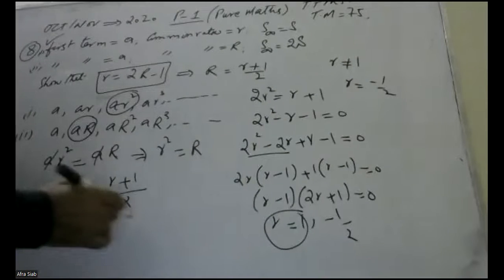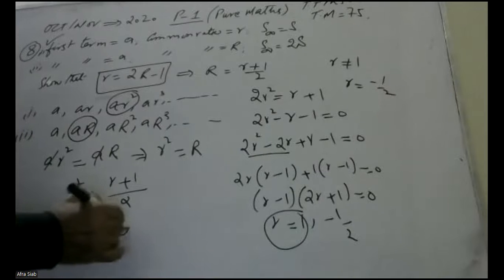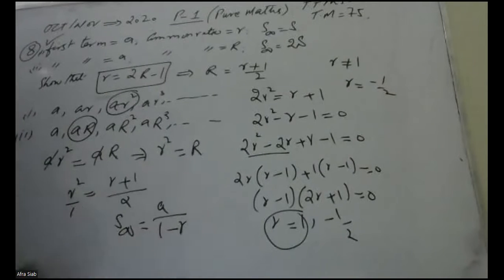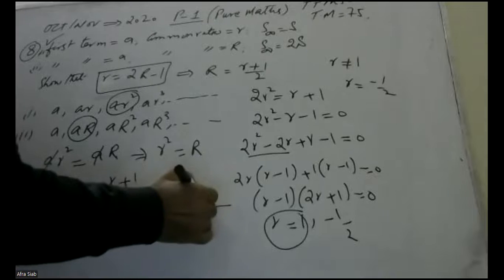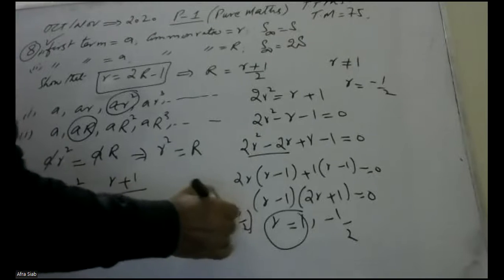Now, sum to infinity is equal to A over 1 minus R, where R is minus half, so 1 minus minus half.